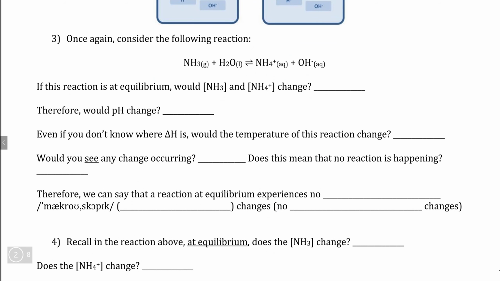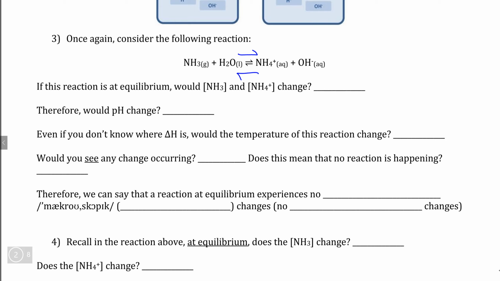Now, a second requirement is not really a requirement, but more an observation that occurs. If we go back to the acid and base ionization that we see here, if the reaction is at equilibrium, that means that the forward and reverse reactions, by definition, are occurring equally.